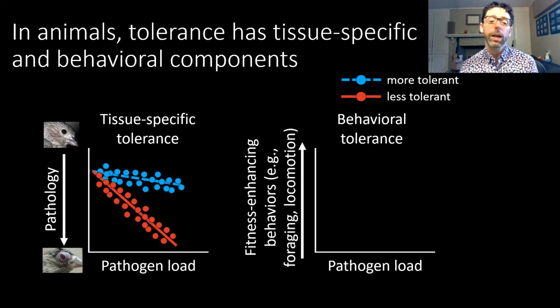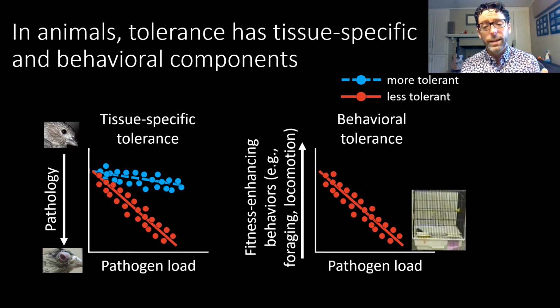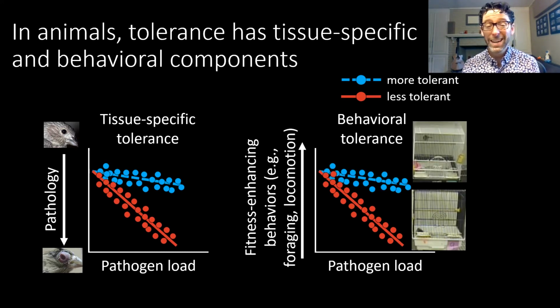On the behavioral side, you'd have fitness-enhancing behaviors, things like foraging, locomotion, mating, these things on the y-axis. Pathogen load again on the x. And so animals that get sick and really reduce those behaviors for a given pathogen load, they would be less tolerant. Those that maintain or even increase those behaviors at a given pathogen load, they would be more tolerant.